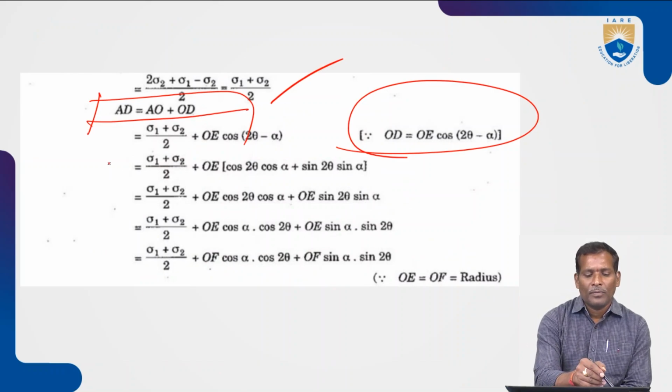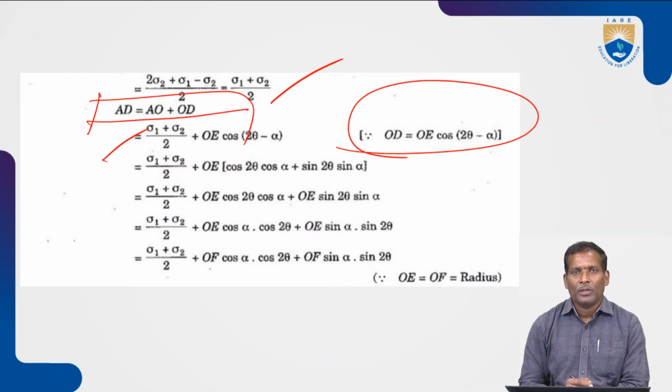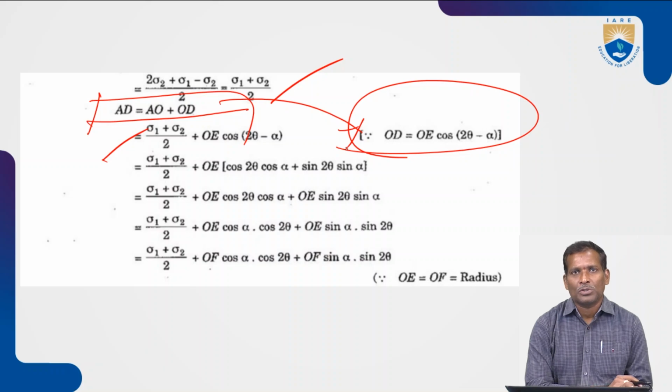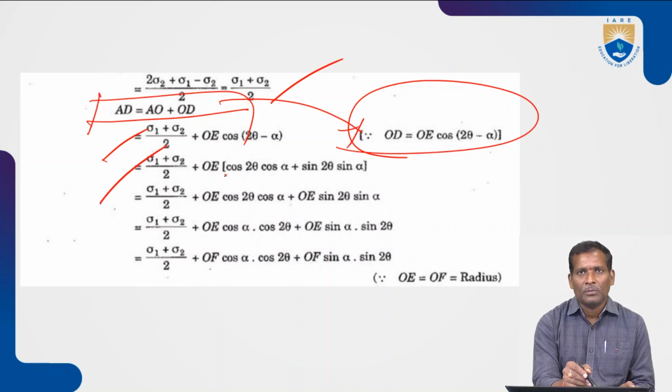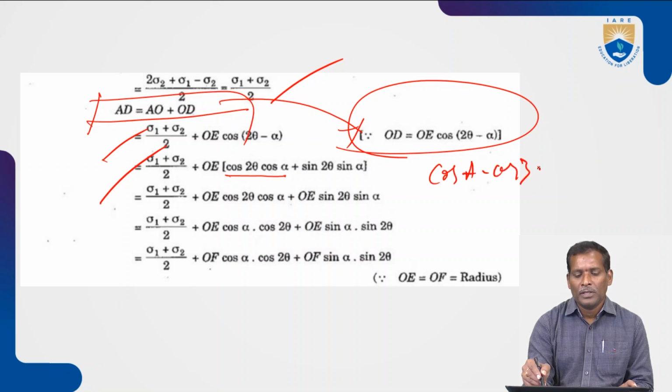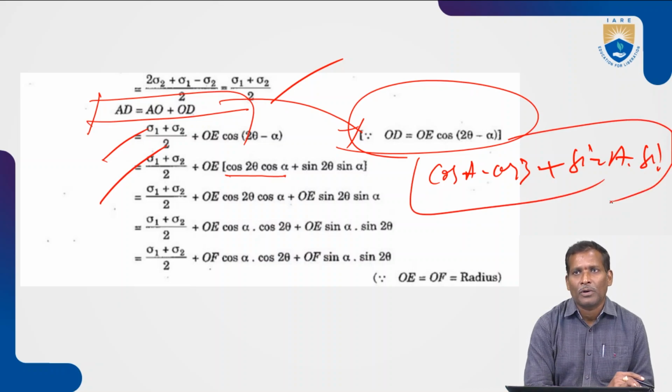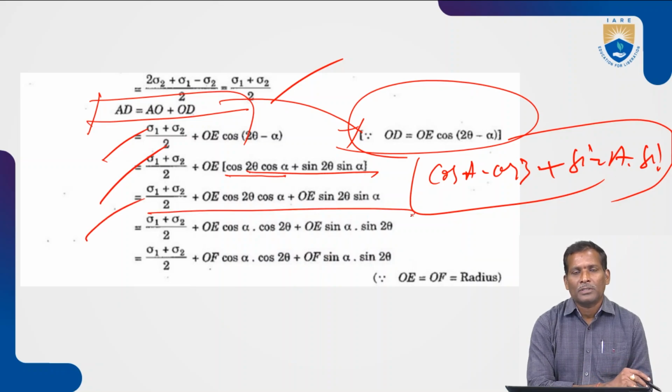So AD is sigma 1 plus sigma 2 by 2 plus OE cos 2 theta minus alpha. Simplify using cos A minus B equals cos A cos B plus sin A sin B. Expanding, we get OE cos 2 theta cos alpha plus OE sin 2 theta sin alpha.